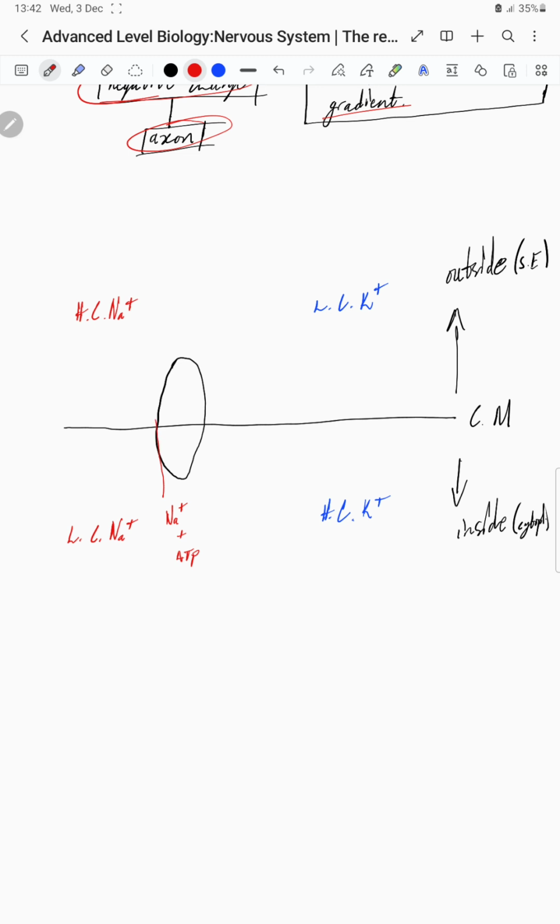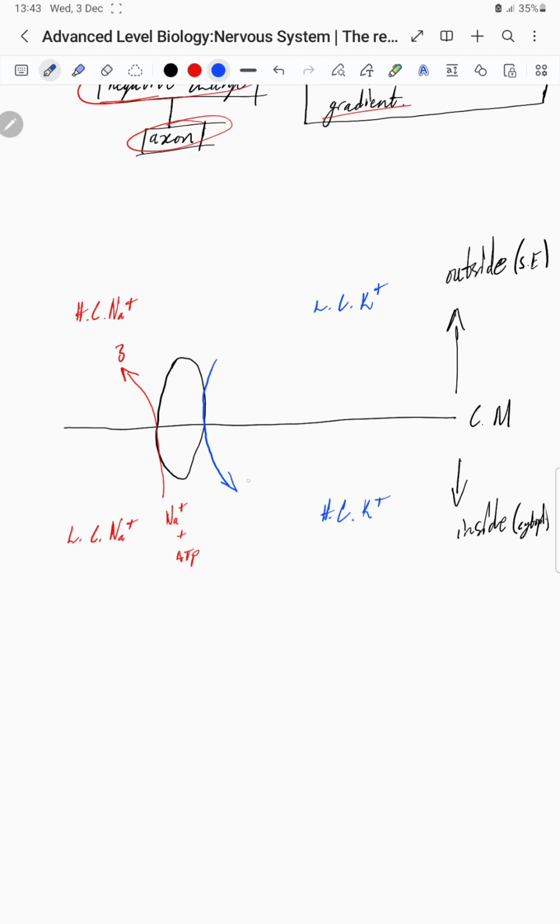These go outside, and we said three go outside. The ratio is 3:2. And we said this is active transport because you are moving from an area of low concentration to high concentration. Again, for potassium ions, we are moving from high concentration to low concentration.